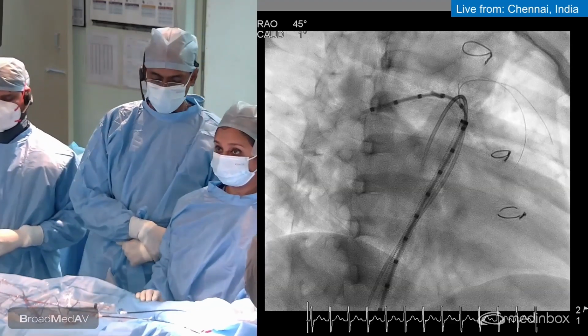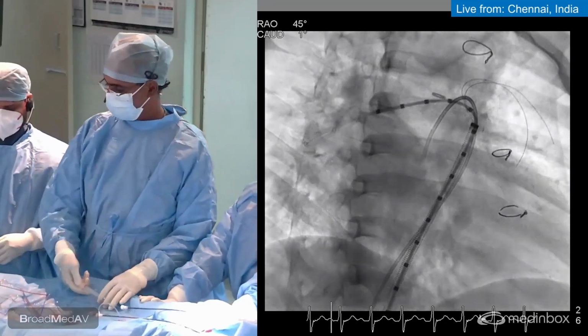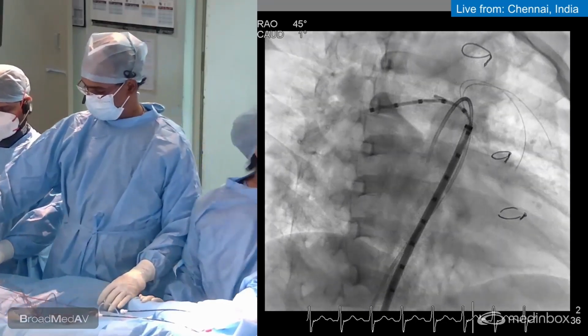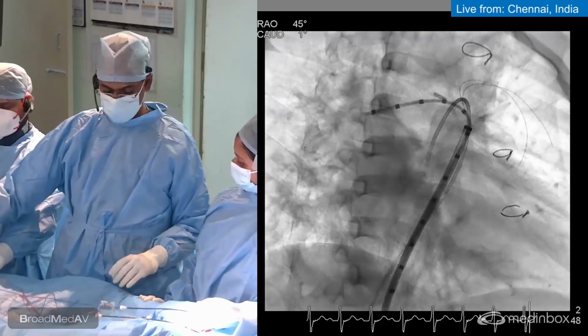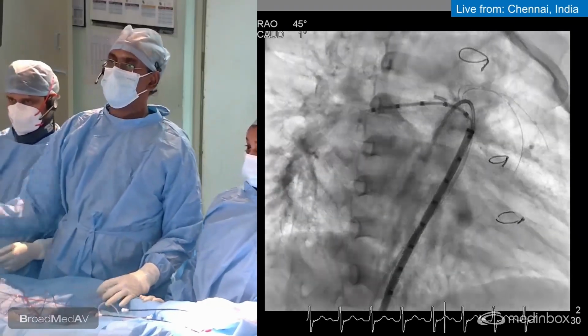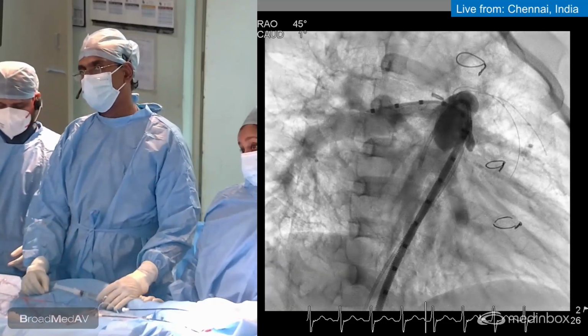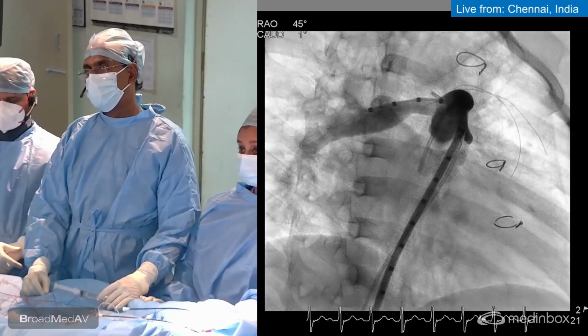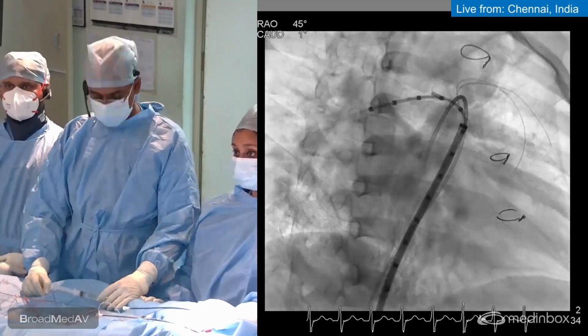Can we go to that right pulmonary artery projection? No, it's fine. So this was the projection that we saw. There is a clip at the beginning of the right pulmonary artery, a metallic clip.